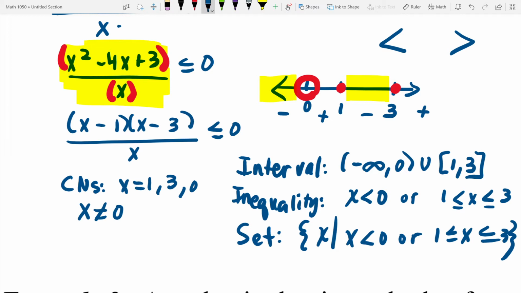Do your braces. There's all your forms you need to know. Say it again. Your set notation of inequality is the same as inequality with all the other business. Braces, x such that. It's easy. If you know inequality, you know set for sure.